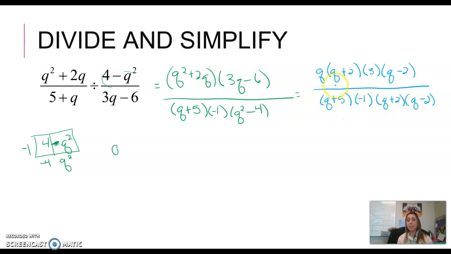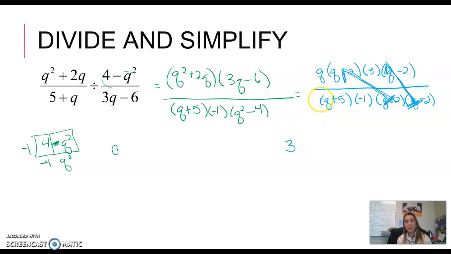So now I can start looking for my big one. So I have a q. Well, there aren't any q's by themselves. And then I have a q plus 2 and a q plus 2. So right here is a big one. 3, I don't have any 3's. A q minus 2, here's another big one. And so then I end up with, I want to put my numbers up front just in case.